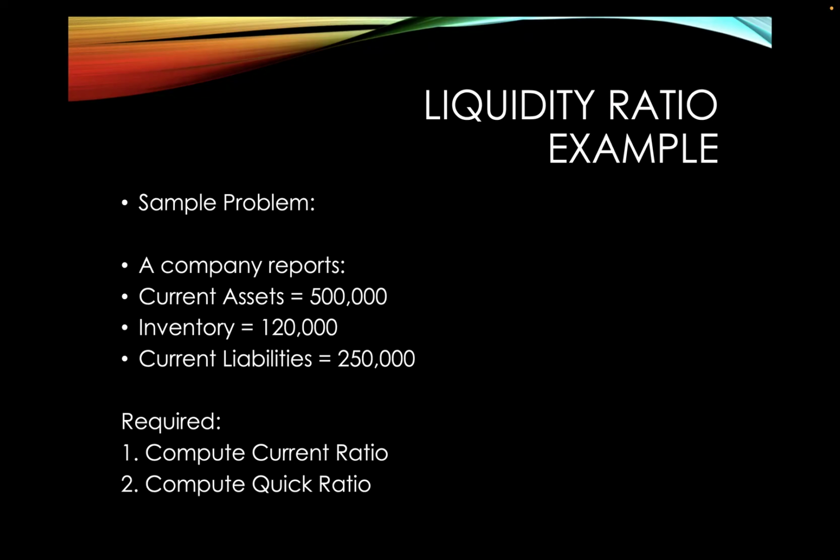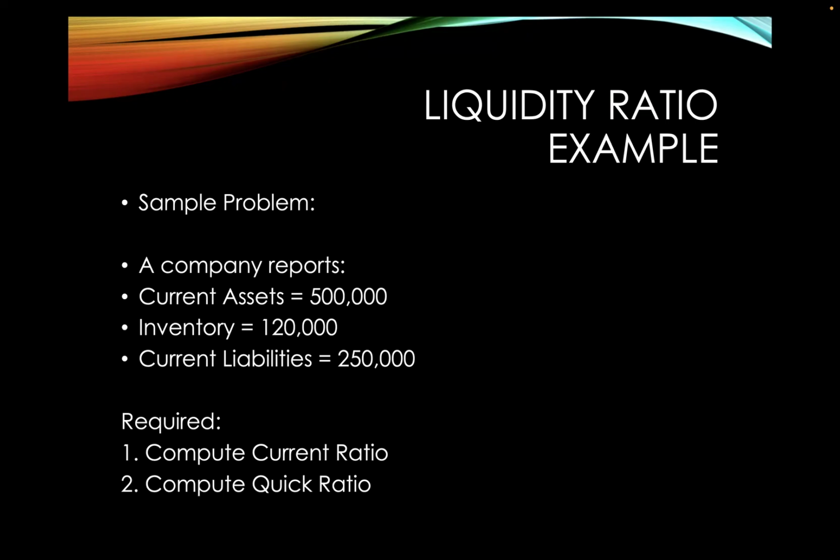So here, let's look at current ratio and quick ratio. A company reports current assets of 500,000, inventory of 120,000, and current liabilities of 250,000. Again, this is in group, but in reality, current assets could be your cash, accounts receivable, inventory, prepaid expenses or prepaid assets.